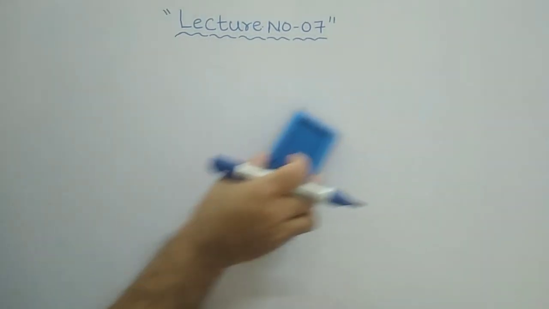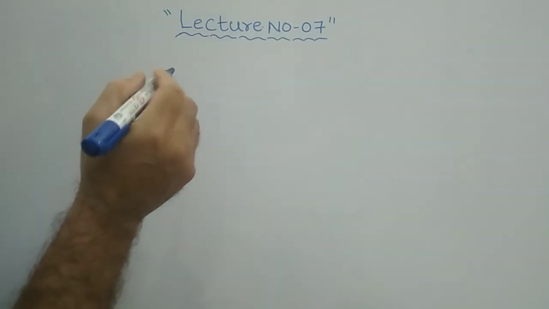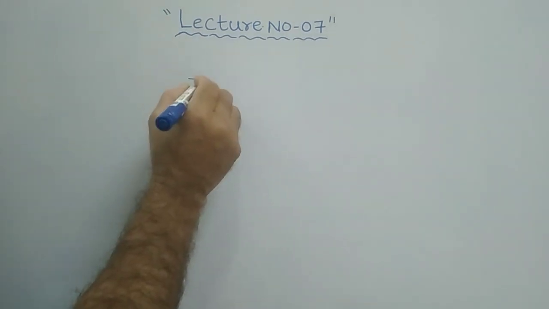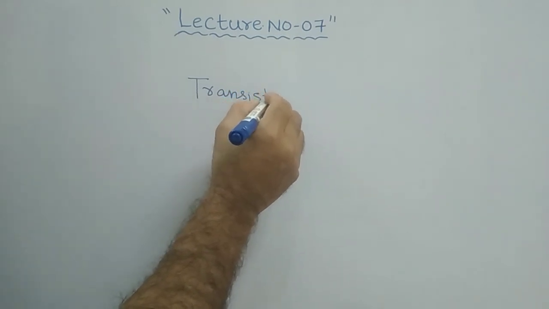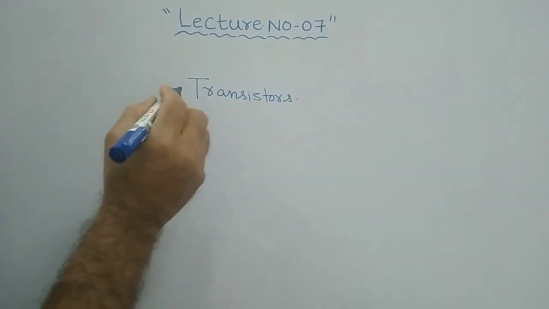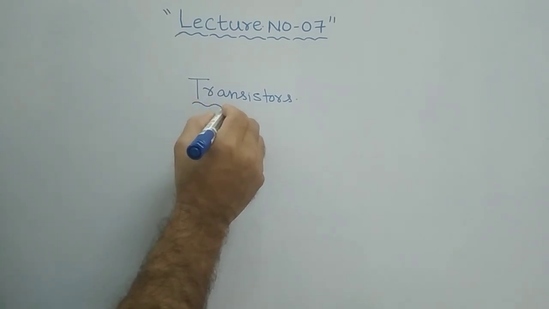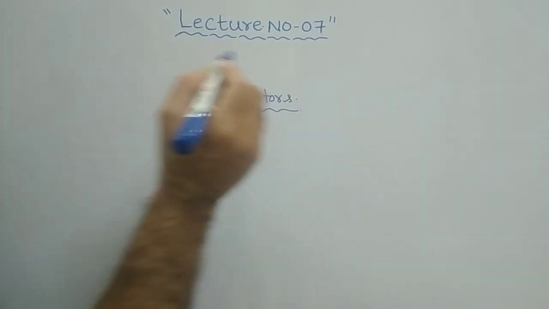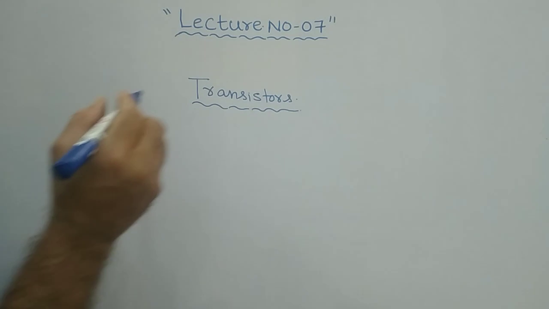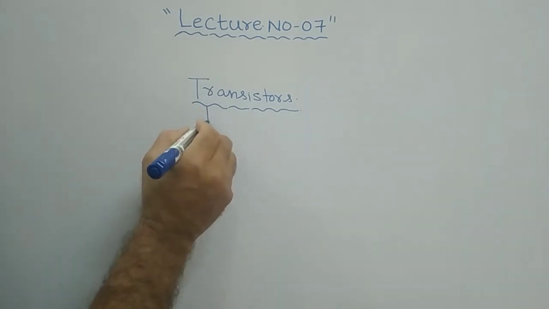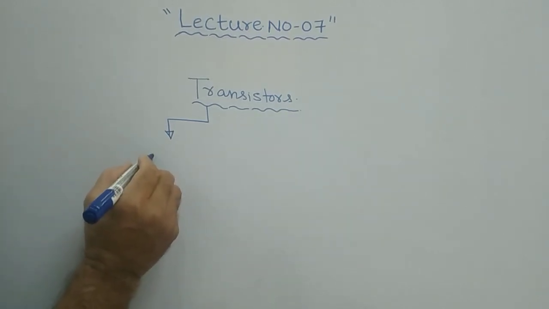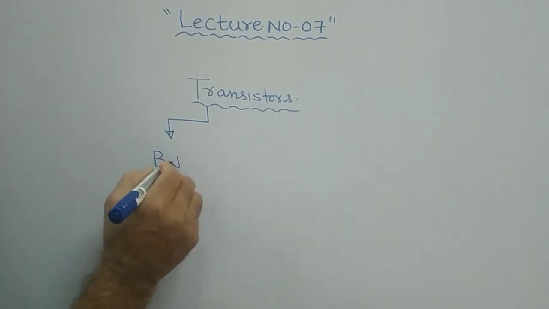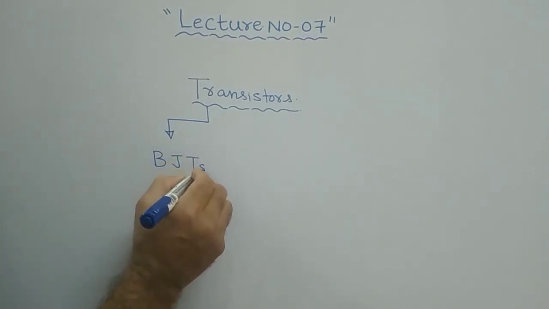So what is a transistor basically? Transistor is nothing but a family, actually, a transistor family. In these transistors, you can briefly write BJTs, meaning bipolar junction transistors.